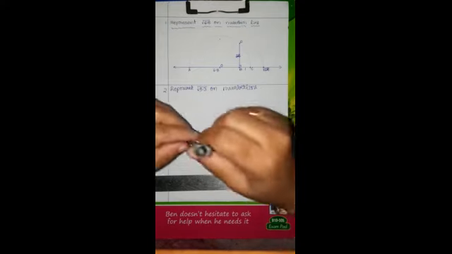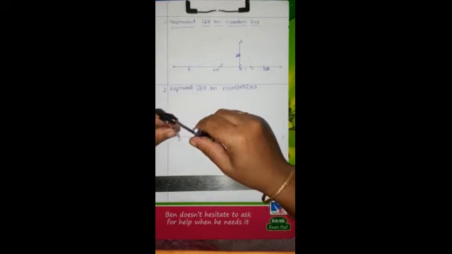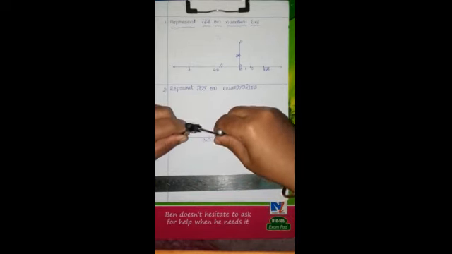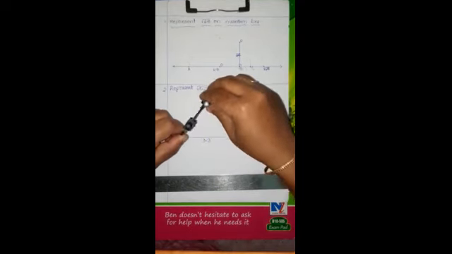Now, using your compass, find the midpoint of AC or bisect the line segment AC with A as the center and take more than half of AC as the radius.